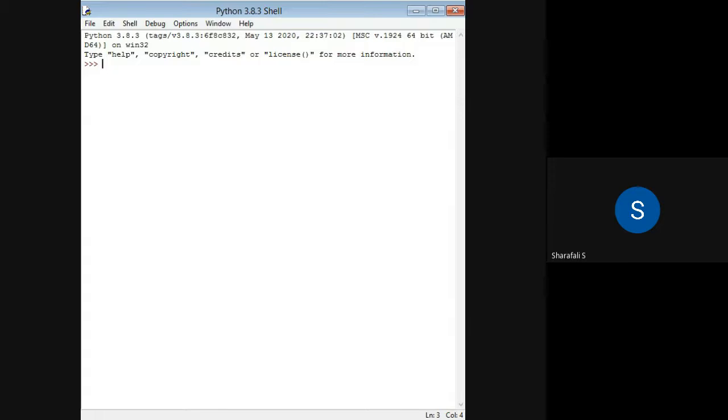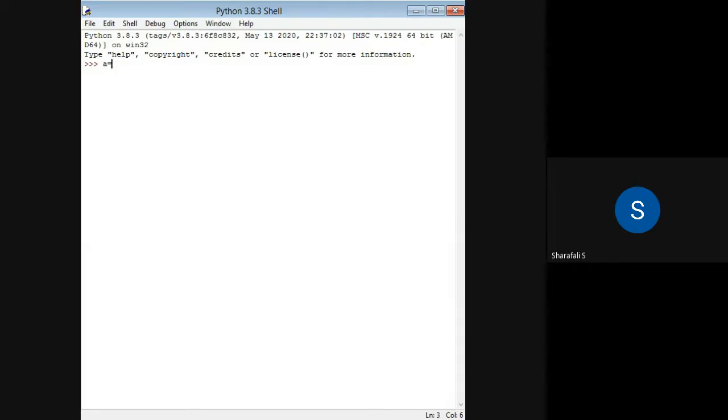The first one is the assignment operation. Assigning values to a particular variable, we already discussed while doing the programs before. These operators are very simple. In the assignment operation, we have equal to.